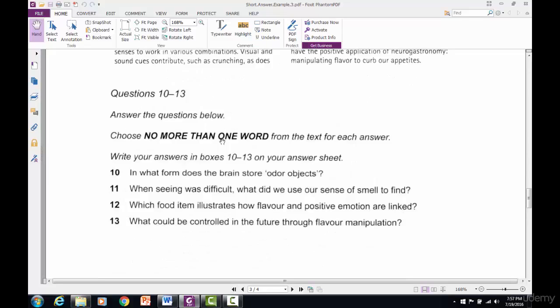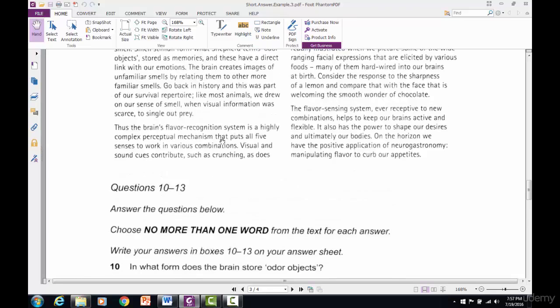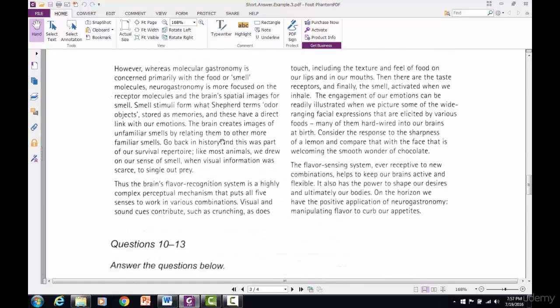11 says, when seeing was difficult, what do we use our sense of smell to find? Here we go. Visual. That's the same as seeing. And scarce. That's the same as difficult. That's our sentence.